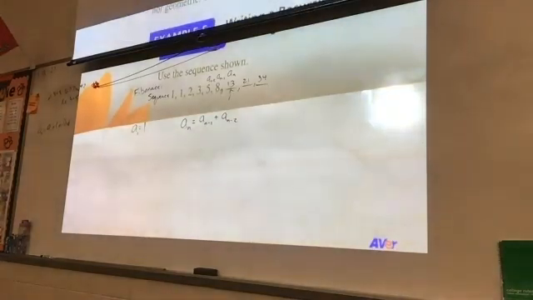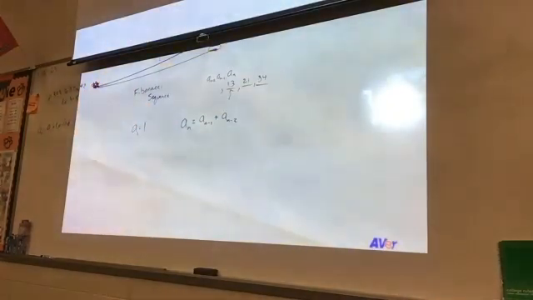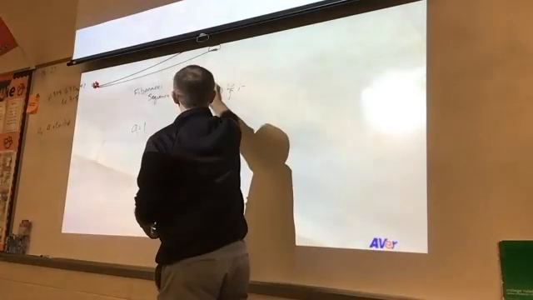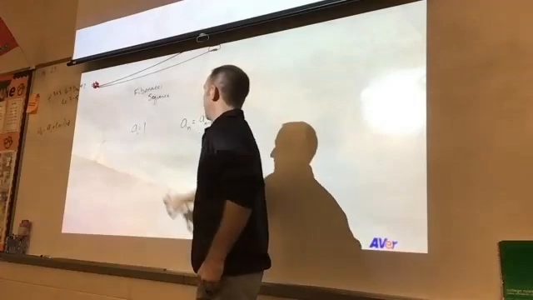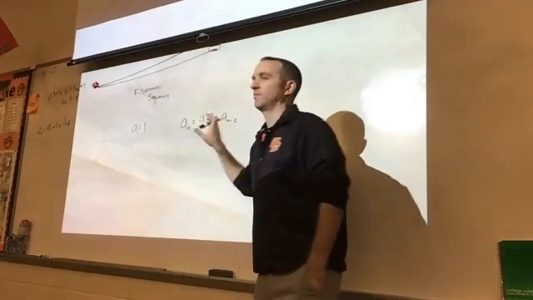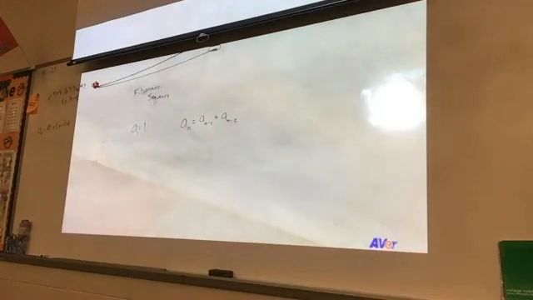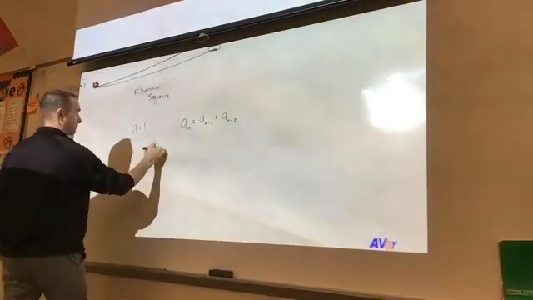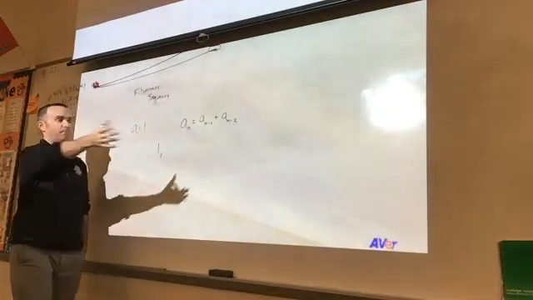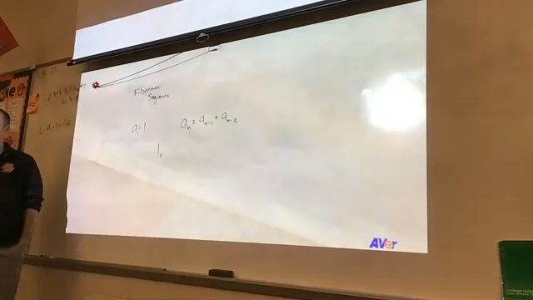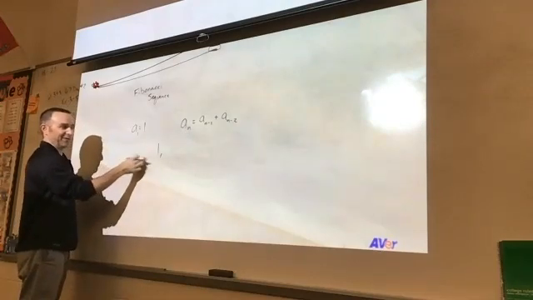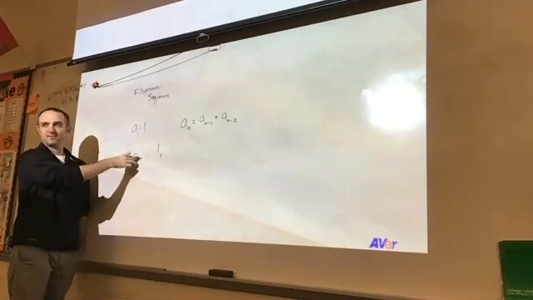The whole point of a recursive rule is that we can regenerate or create our sequence. If I just know this, is that going to be enough for me to create the Fibonacci sequence? I know that I'm starting at 1, but that's it. I don't know what that second term is, because to find the second term, I would have to add this plus this. I don't know what this is. This doesn't exist, right?